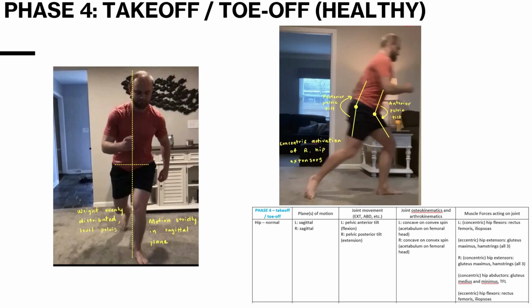Here we have the hip extensors, like glute max and all 3 hamstring muscles, contracted concentrically, while hip flexors contract eccentrically. In the meantime, hip abductors contract concentrically as well to maintain the pelvic level.